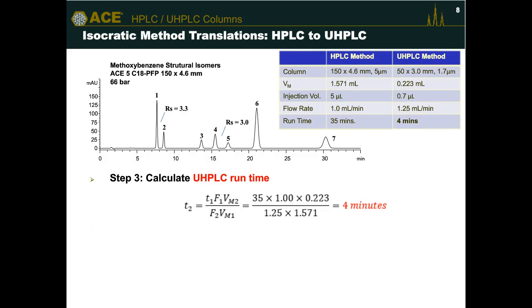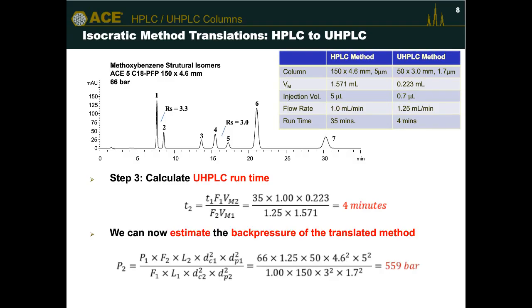You can plug those numbers into this equation for runtime, and it's suggesting the final runtime will now be 4 minutes. And again, you can work out back pressure using all of the values that we've already seen. And this is suggesting now our original method of 66 bar back pressure is going to increase up to 559 bar. So this is telling you much higher back pressure.